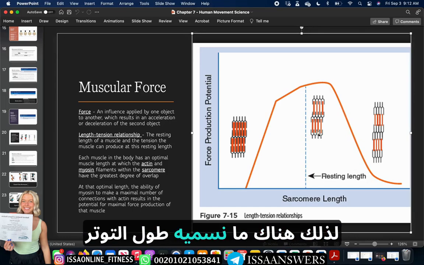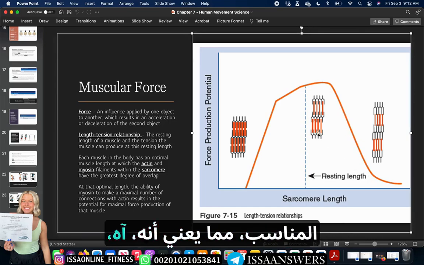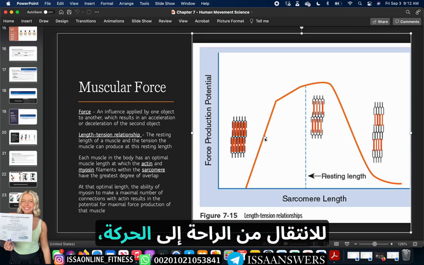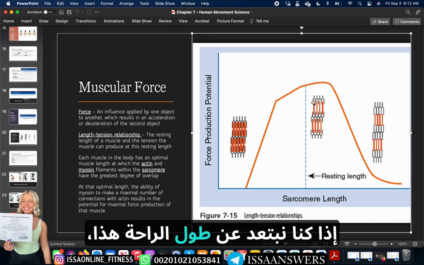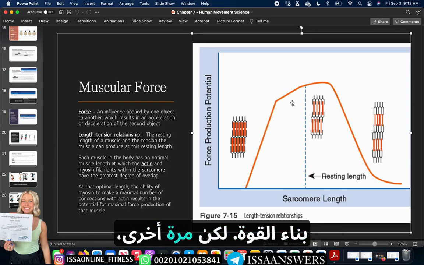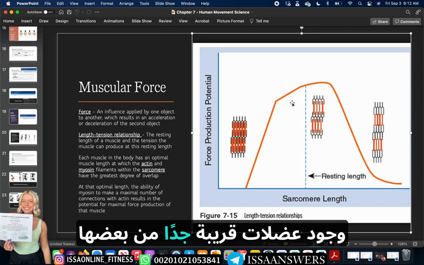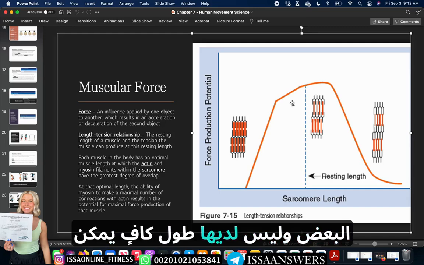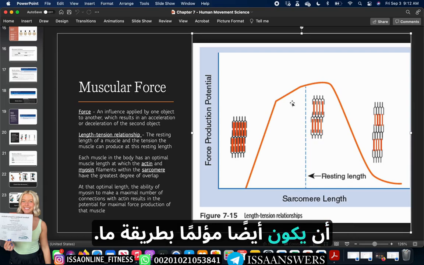So there is a proper length-tension, meaning that going from rest to movement, if we were to stray away from that resting length, we can provide maximal force, or we can build force. But again, having muscles that are too close together and not enough length to them can also be traumatic in some way as well.